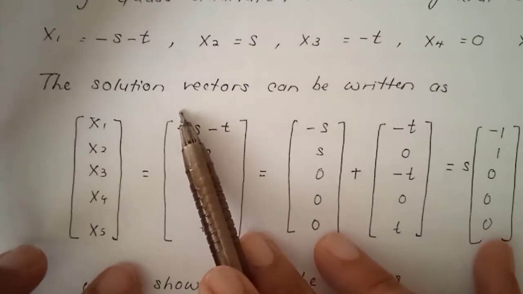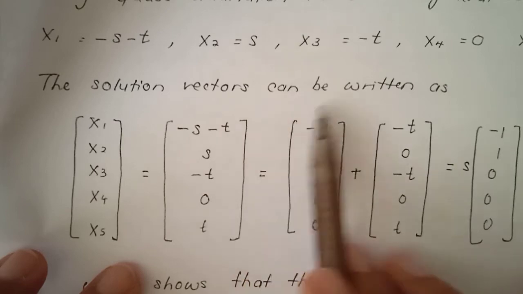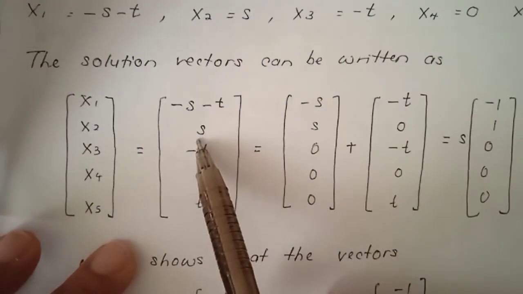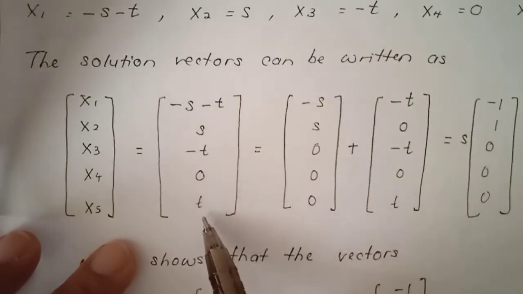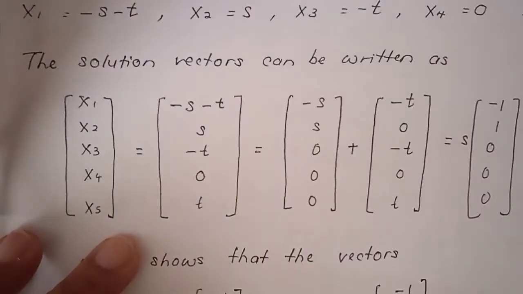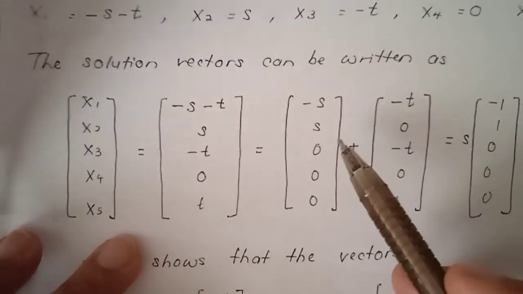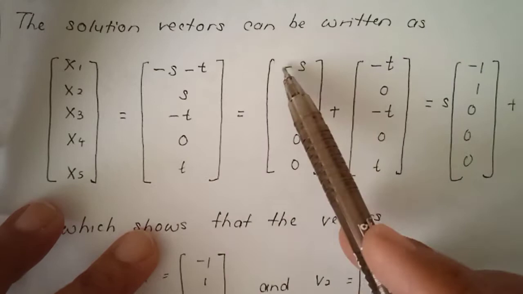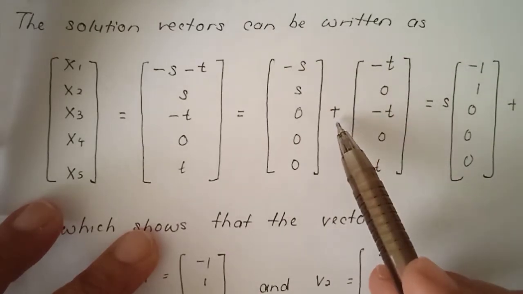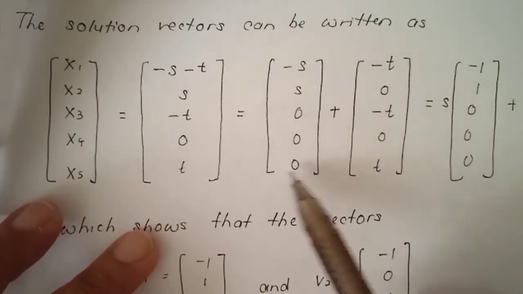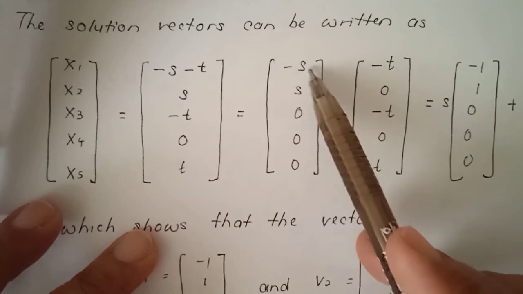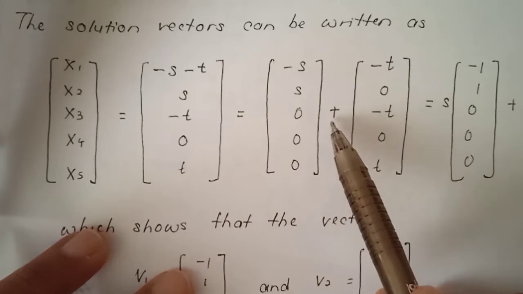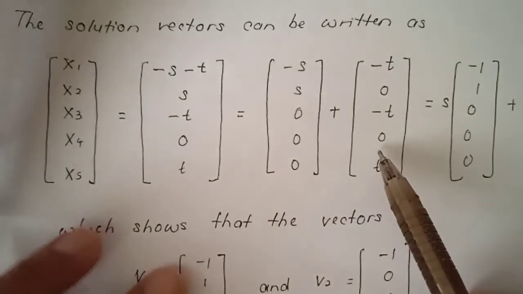Okay, now the solution vectors can be written as, so put back this x1, x2, x3, x4 and x5 here in this form. Then we split into an addition of vectors. Put the first vector with variable s, second vector with variable t.